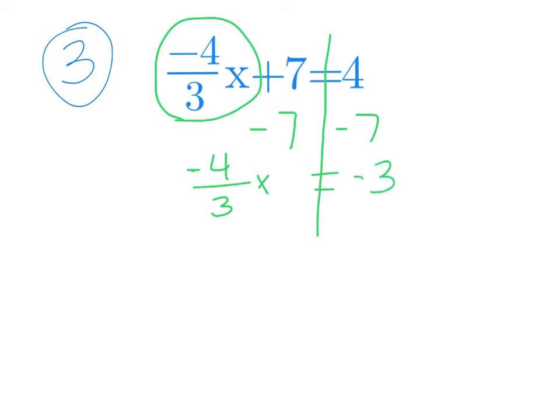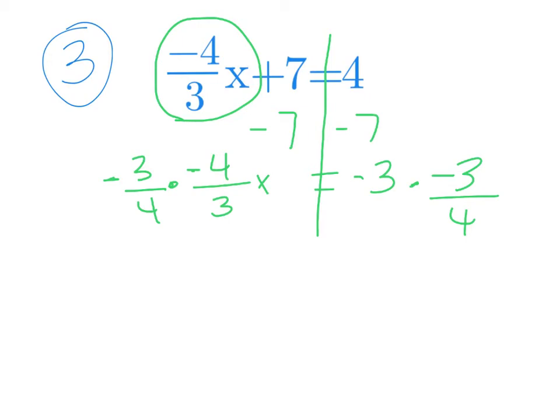Here we're going to multiply by the reciprocal based on how it's formed. Now you don't have to multiply by the reciprocal. You can multiply by 3 first and then divide by negative 4. But since this is a two-step equation, we're going to multiply by the reciprocal of negative 3/4. So times negative 3/4.